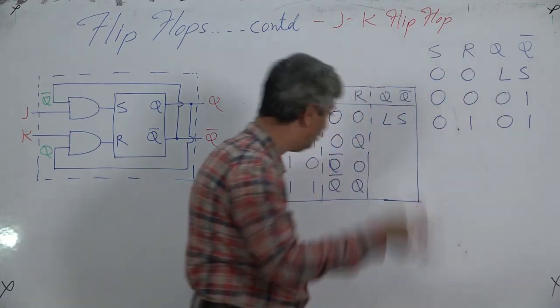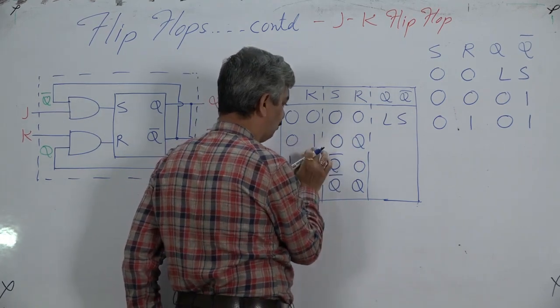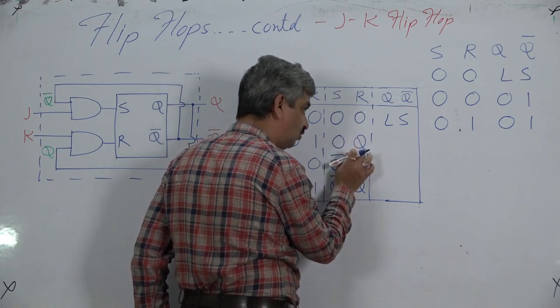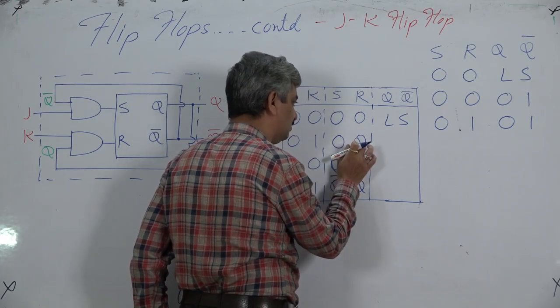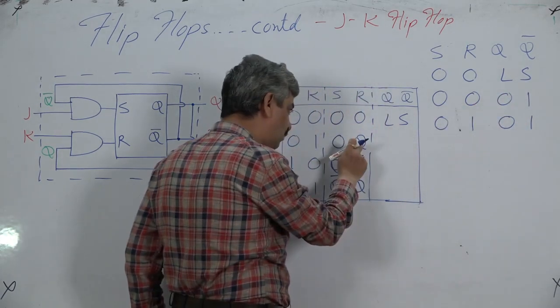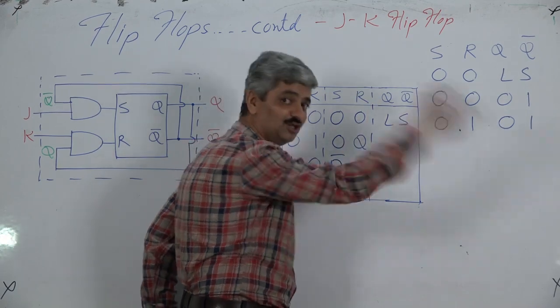So, I conclude if J equal to 0, K equal to 1 leads to S equal to 0, R equal to Q. If Q is 0, in that case SR becomes 0, 0 and last state of 0, 1 is continued. If Q is 1, then S equal to 0, R equal to 1, new state is set as 0, 1.